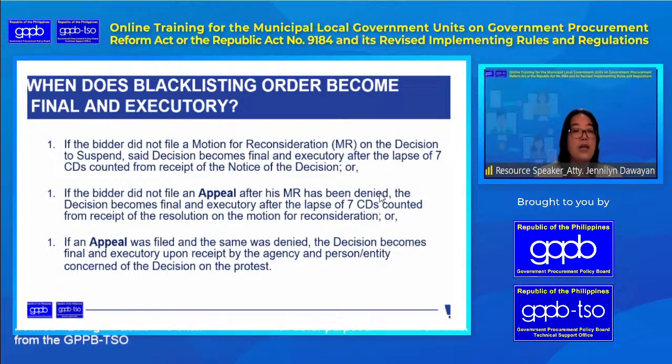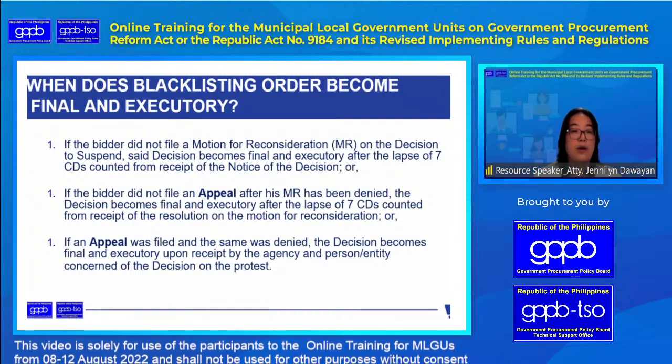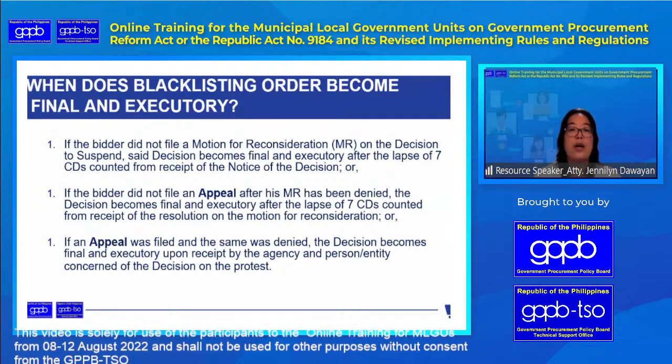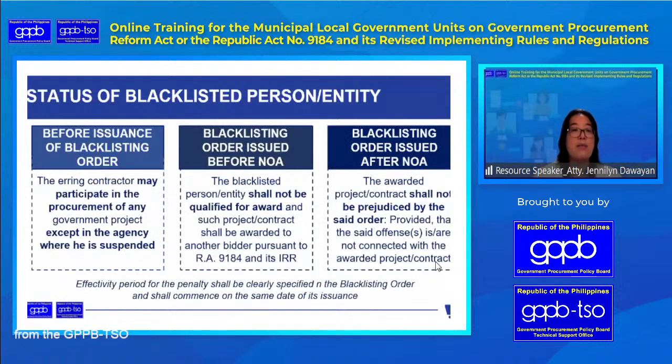Na-deny yung kanyang appeal, then the decision becomes final and executory upon receipt by the agency concerned of the decision in relation to the protest. Okay? So ano po yung status ng isang blacklisted entity?